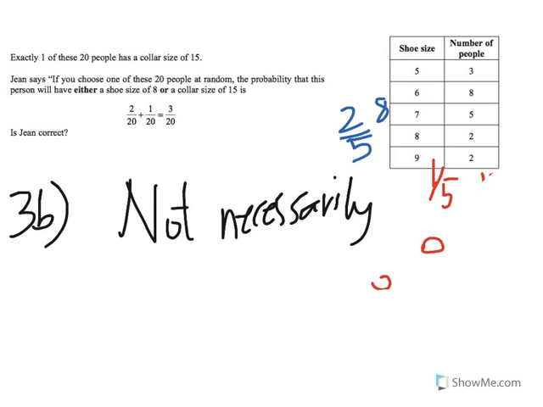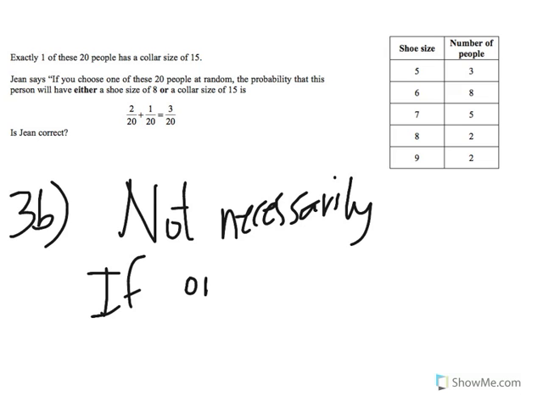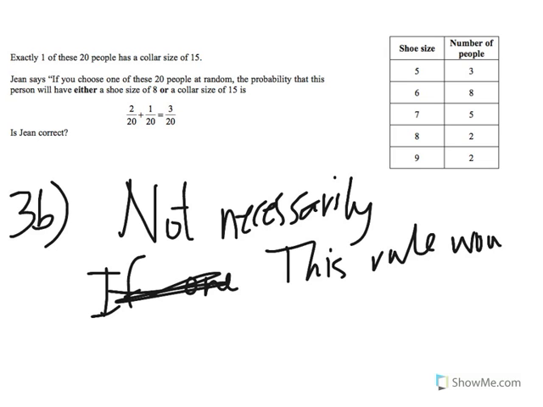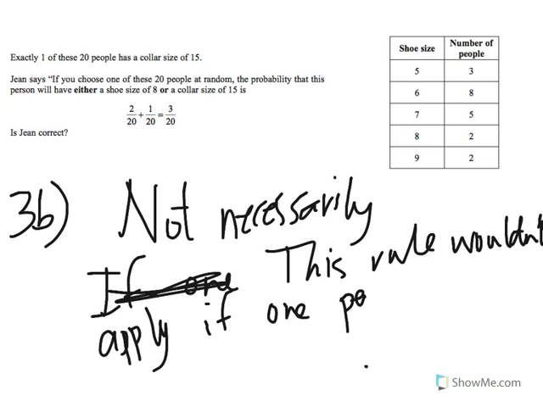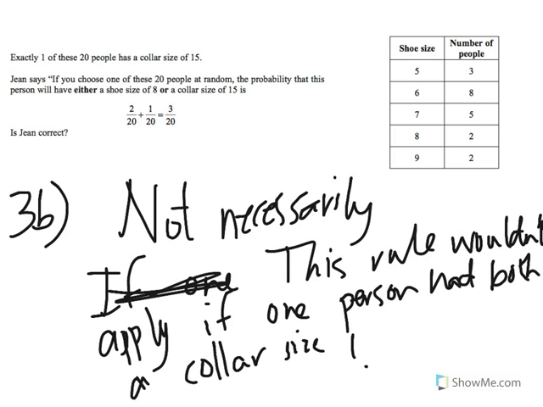Now to put this in words, because in the next part of the question they ask you to give a reason for your answer, you got to say that this rule wouldn't apply if one person had both a collar size of 15 and a shoe size of 8.